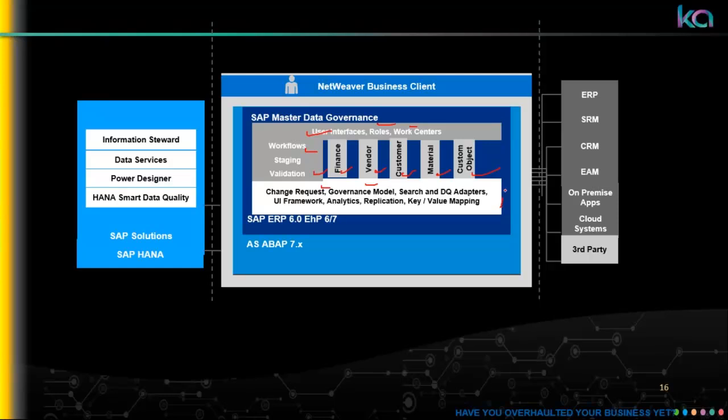But this MDG box can be installed only starting from ERP 6.0, EHP 6 or 7, not less than that. And the front end would be NetWeaver Business Client.